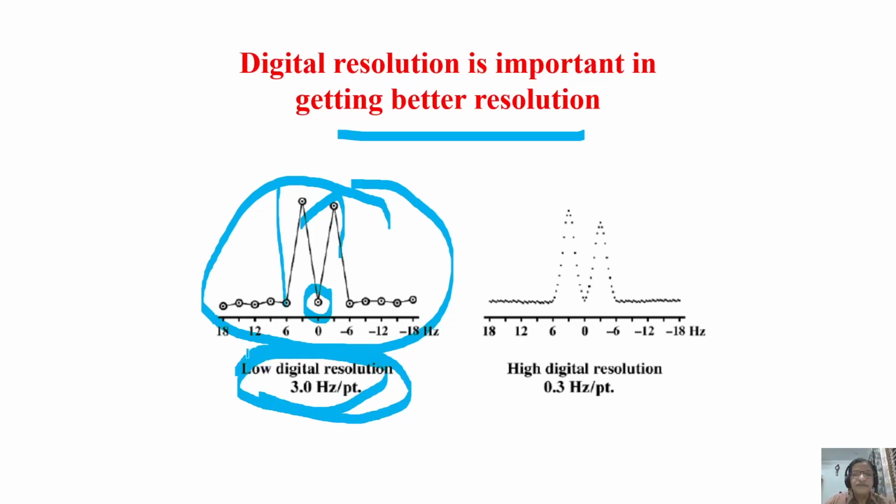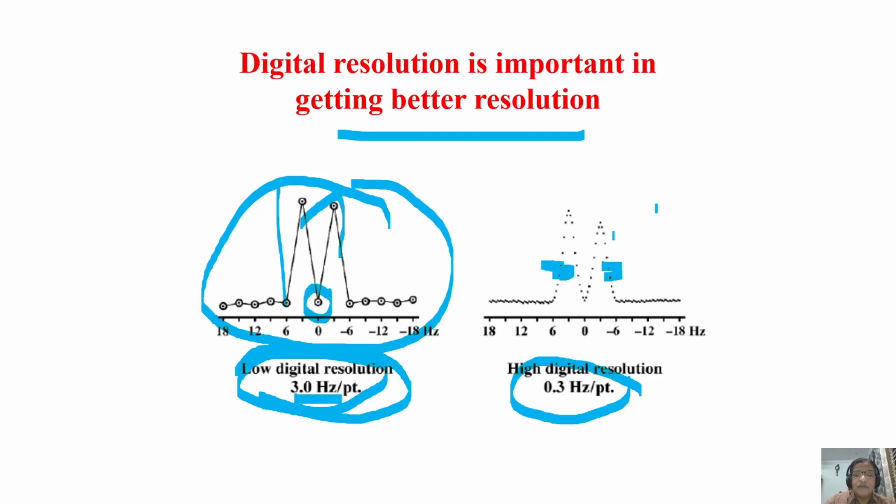On the other hand, now instead of 3 hertz, I'll take the digital resolution to be 0.3 hertz. Between any two adjacent data points, this is called the dwell time, and this should be 0.3 hertz.